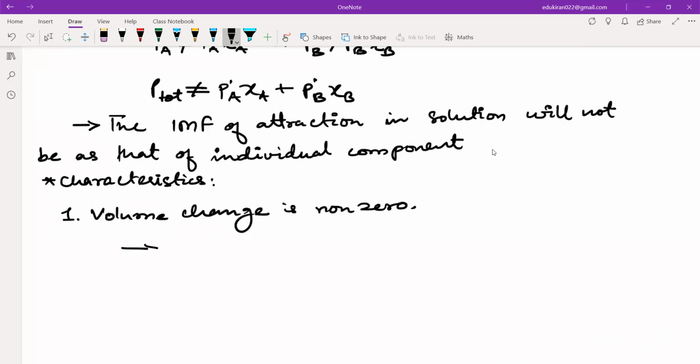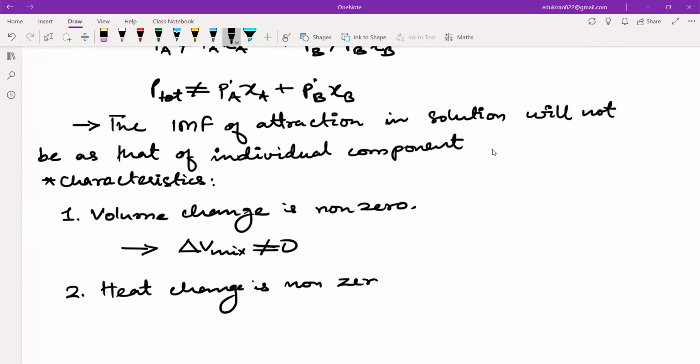Now, what does it mean? It means delta V of mixing is not equal to 0. Second point, heat change is non-zero. That means delta H of mixing is not equal to 0.